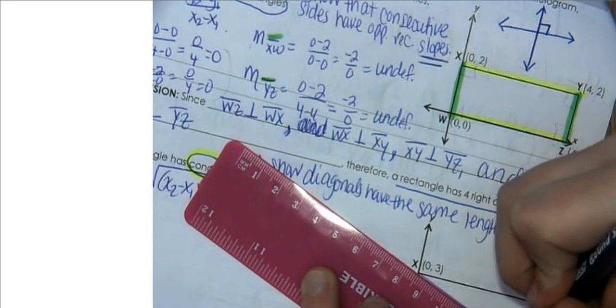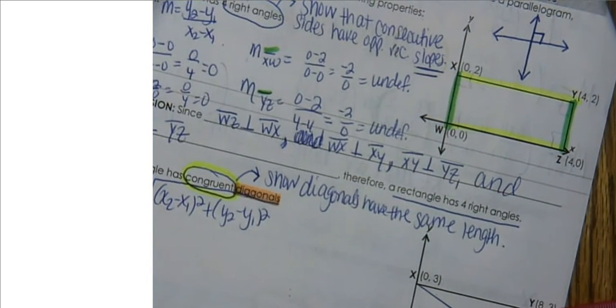Truly, we just want to draw in those diagonals. And then I'm going to color coordinate them just so that we know what we're talking about. I'm going to call this one the orange one, and I'll call this one the green one.